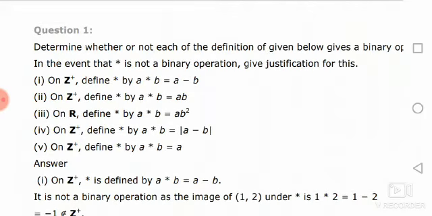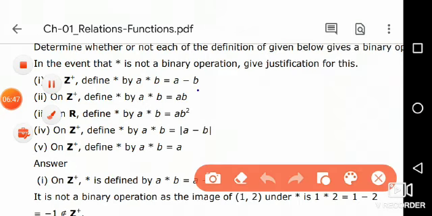In the event that star is not a binary operation, give the justification for this problem. Under the banner of this question, we have different problems, whether the binary operation star is a rule on the given set or not.